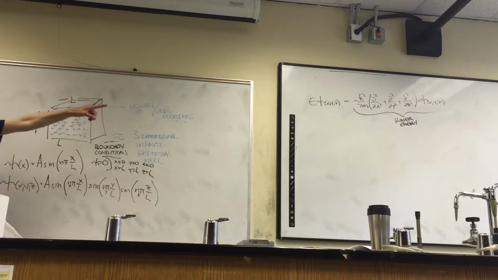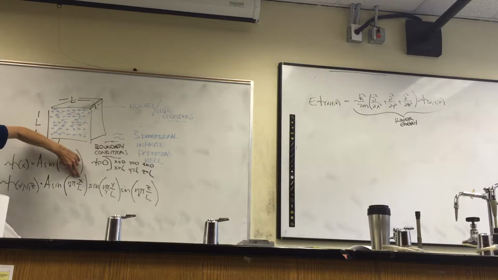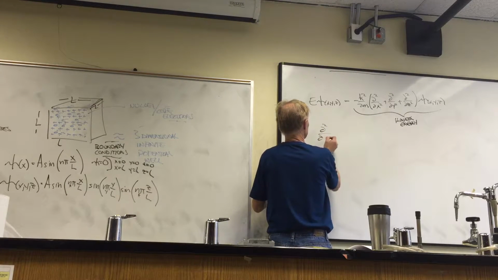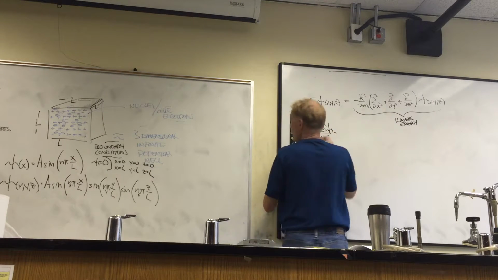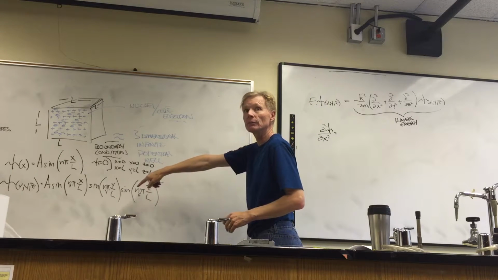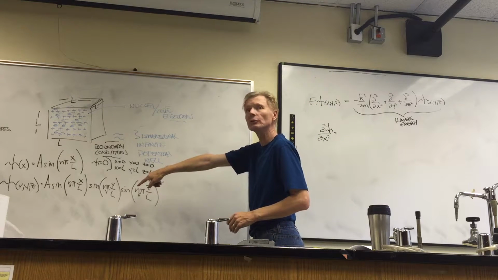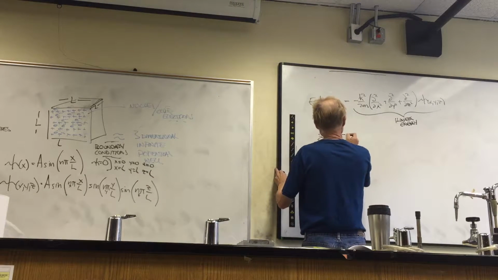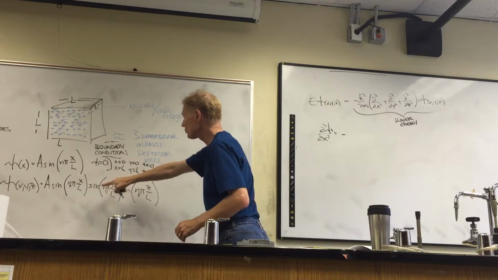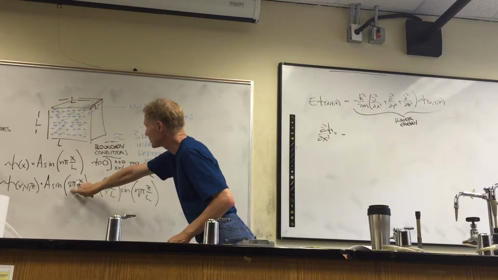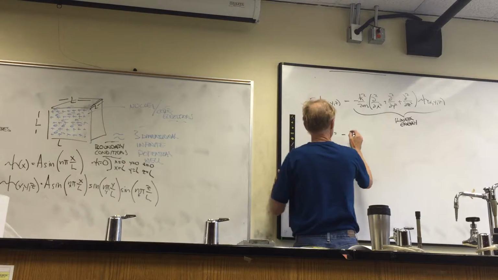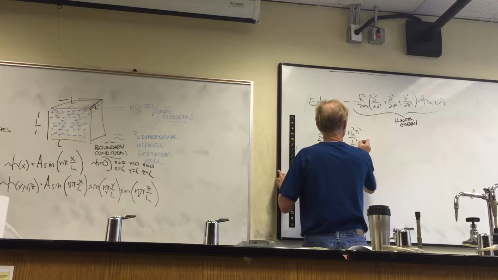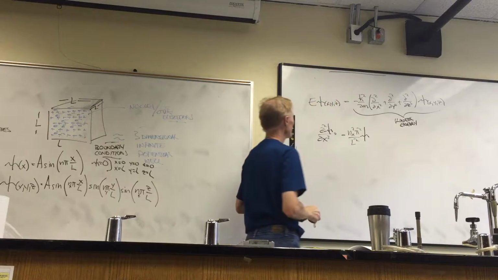So that says when I'm taking my two derivatives with respect to x, I'm going to get the entire wave function back again with what factors out front? Yeah, I'm going to get a minus sign because a sine function, two derivatives will give me a minus sign. And then I'll get nx squared pi squared over L squared times the wave function back again.